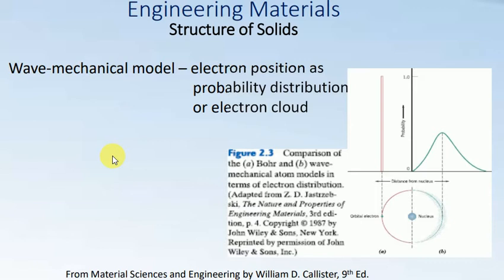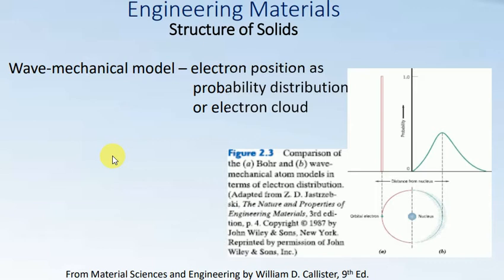We know that an electron can behave as a particle and as a wave. So the wave mechanical model added the concepts of quantum mechanics into the Bohr model, and with this model, the electron is not just moving in a discrete orbit; rather, its position is taken as the probability of its existing at various locations around the nucleus.